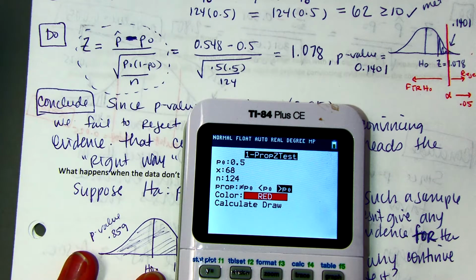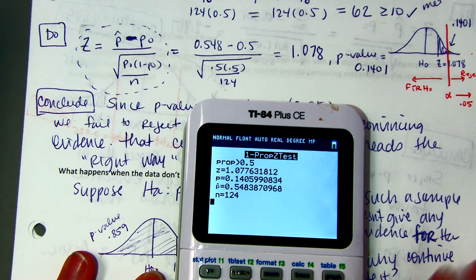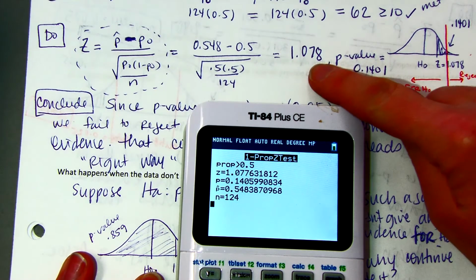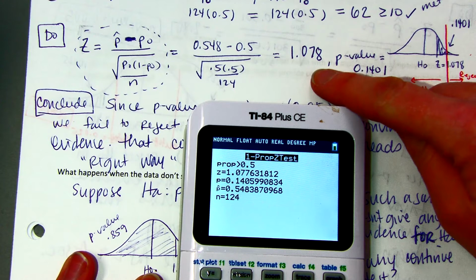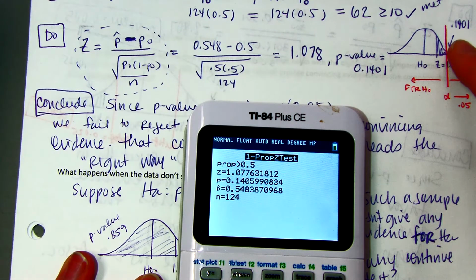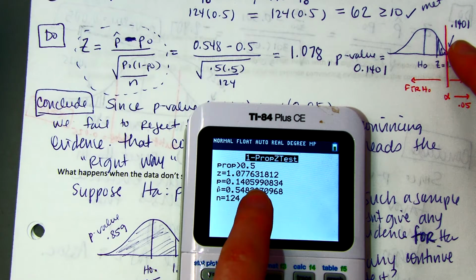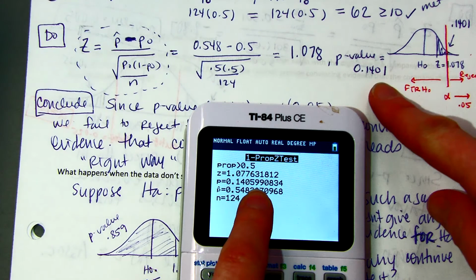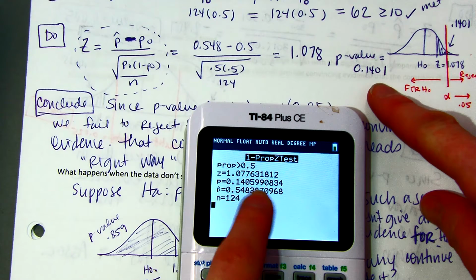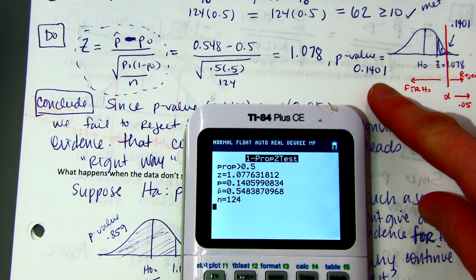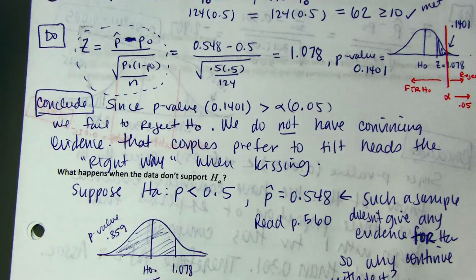You can calculate that. We got a z-score of 1.078 and a p-value of 0.1406 on the calculator. I would make sure to be consistent there if I'm going to use my calculator, and then everything else we have talked about there.